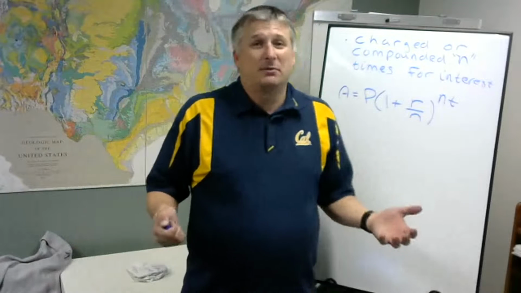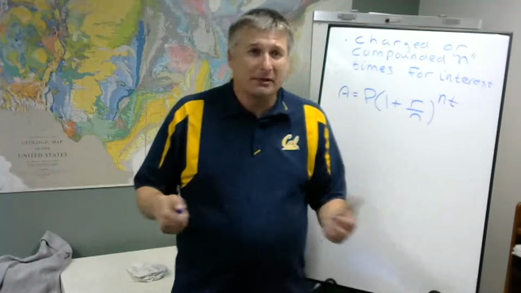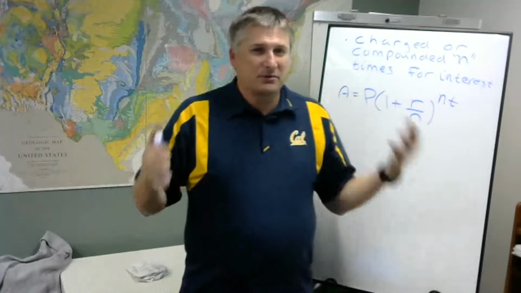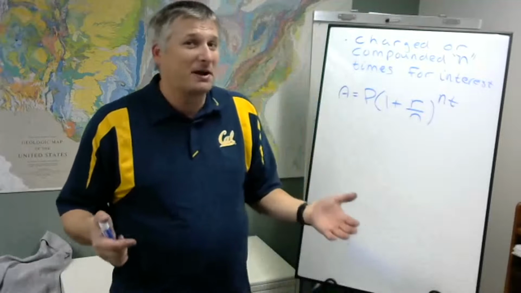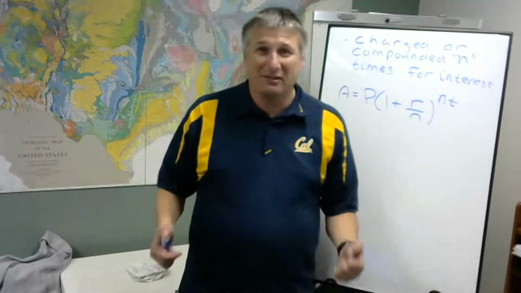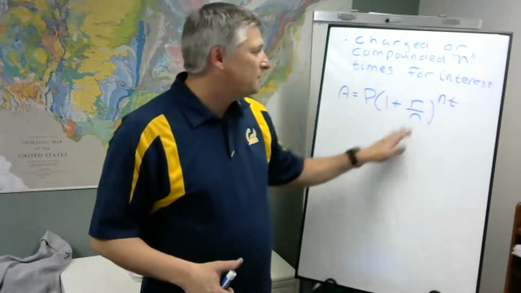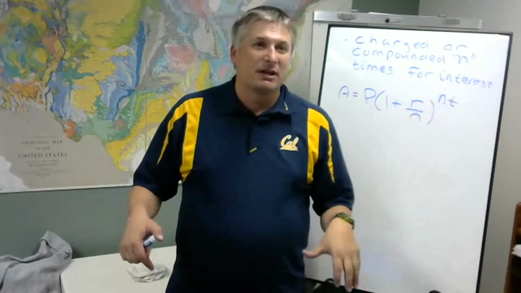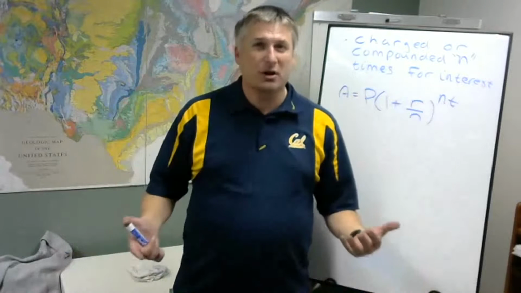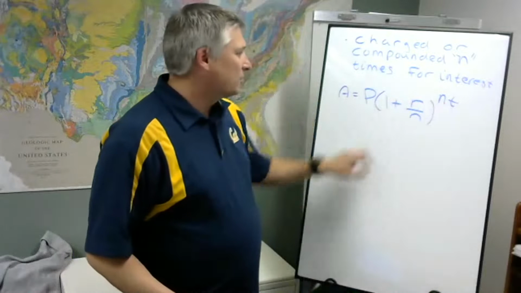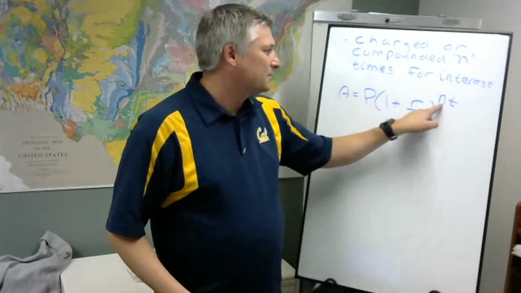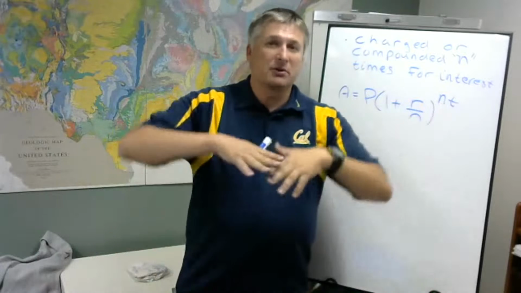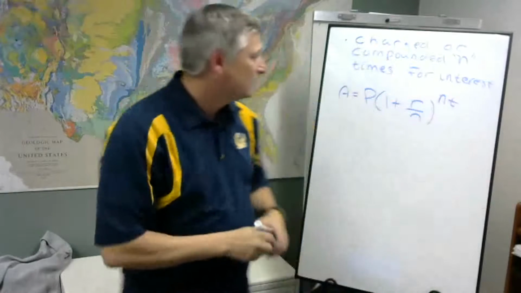Maybe 52 times a year or weekly. Or maybe 365, or if you're using the ordinary method, 360 times a year. In other words, daily. What if you charged interest continually? You were always charging interest, but you're always charging by this smaller interest rate as the number of times you charge per year gets bigger, bigger, bigger.